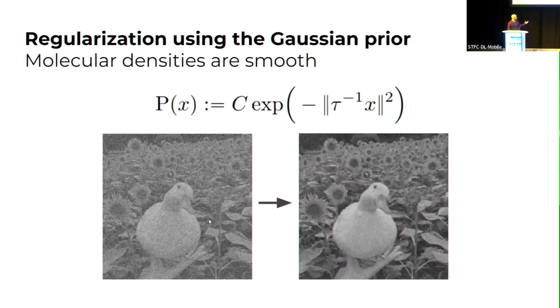So I think all of you would agree that this cute duck on the right is a more desirable image than the one on the left. And the same goes for not maybe so cute molecular densities. And typically we use the FSC to determine the tau parameter here. And you can determine the FSC, for instance, using a half-map.